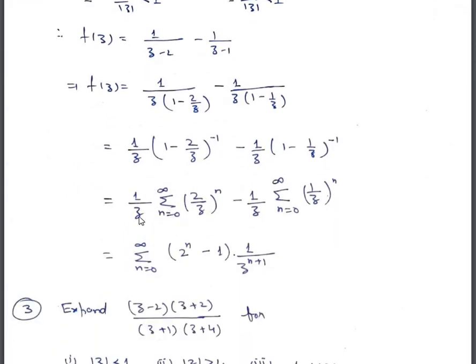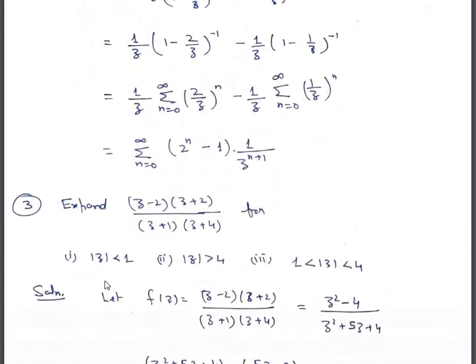Now expanding, we get 1 upon z sigma n equal to 0 to infinity (2 upon z) to the power n minus 1 upon z sigma n equal to 0 to infinity (1 upon z) to the power n, which can be written as sigma n equal to 0 to infinity (2 to the power n minus 1) multiplied by 1 upon z to the power n plus 1.